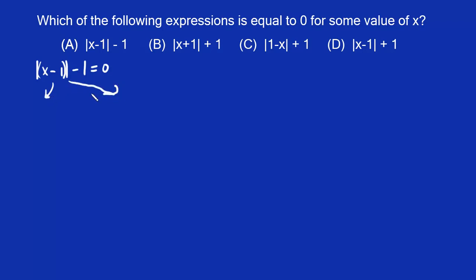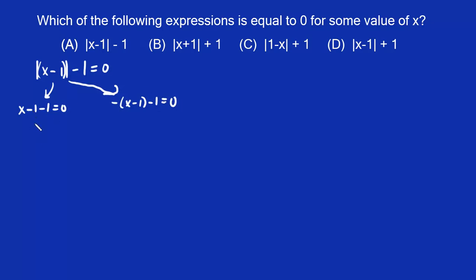Our first equation will be x minus 1 is equal to 0, and our second equation will be negative (x minus 1) is equal to 0.